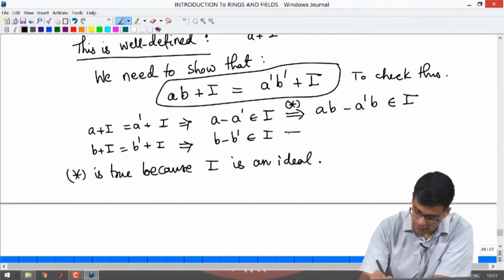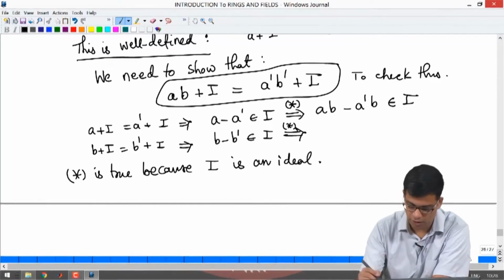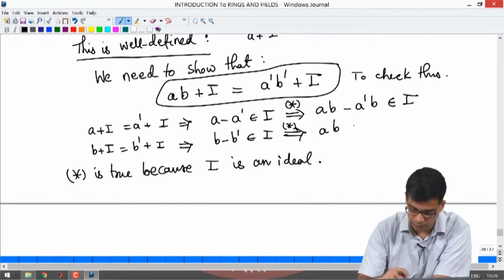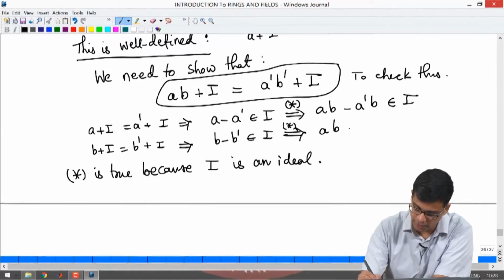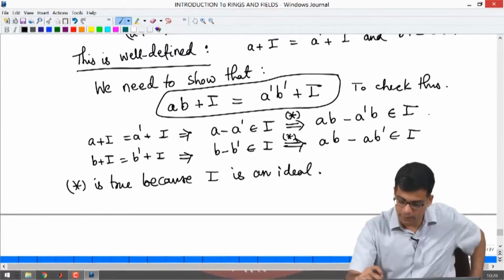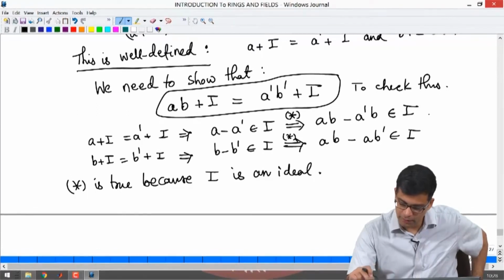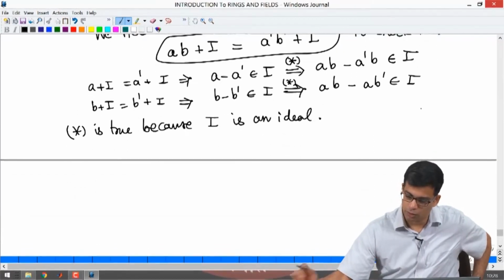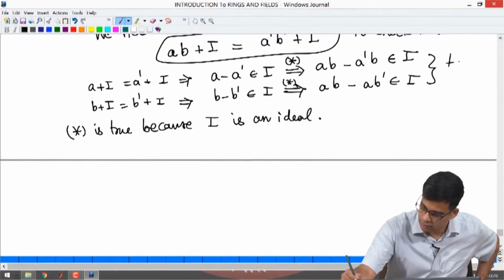Similarly, also because of star, I multiply the second one by a. So, ab minus ab prime is in I. Okay. So, what I have is ab minus a prime b is in I, ab minus ab prime is in I. So, now take the difference.